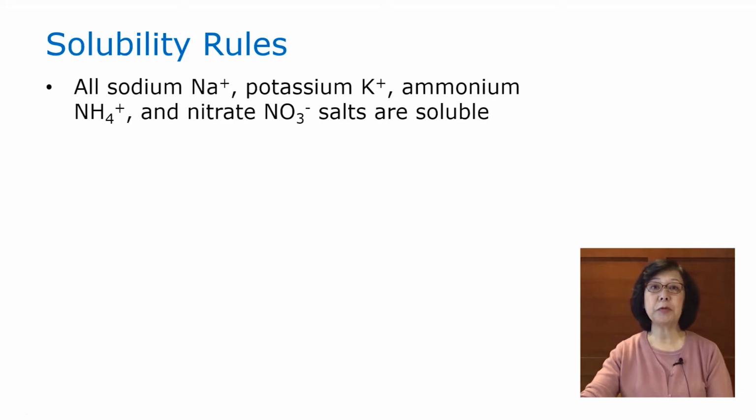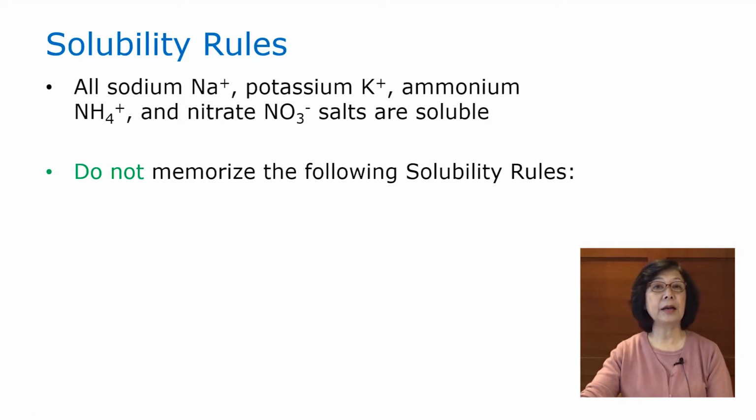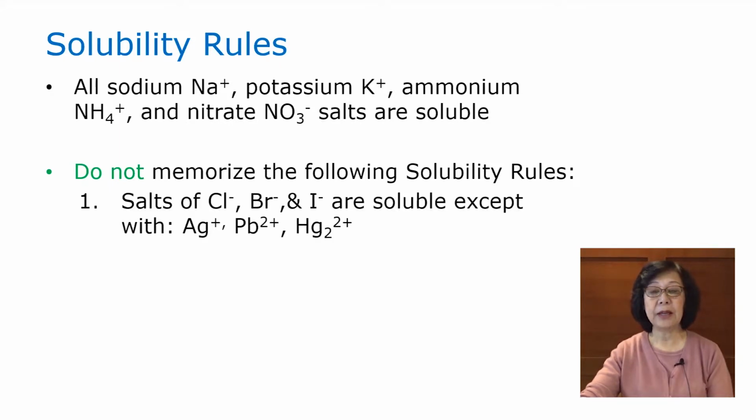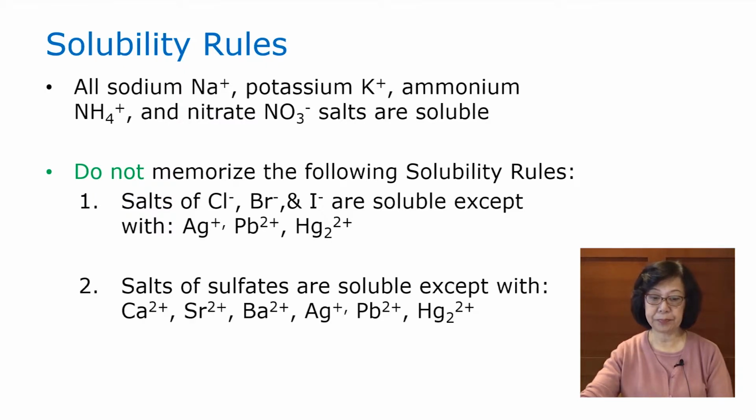Remember the solubility rules? We are expected to remember that all sodium, potassium, ammonium, and nitrate salts are soluble. However, we do not need to memorize the following solubility rules because they will be provided as a hint in the problem. The salts of chloride, bromide, and iodide are soluble except when paired with silver ion, lead 2+ ion, and mercury 2+ ion.